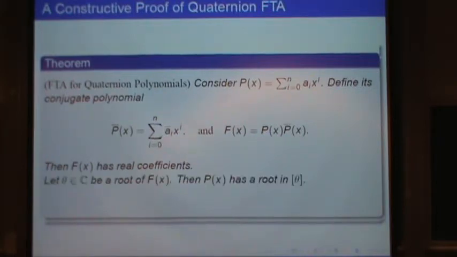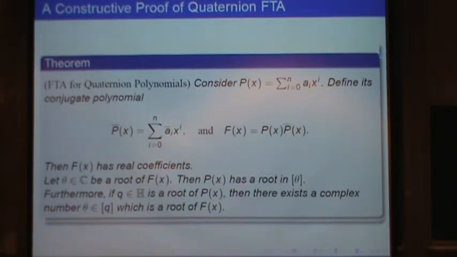That's one simple property. If theta is a complex number that is a root of f of x, then P of x has a root in the conjugacy class of theta. Furthermore, if Q is a quaternion and a root of P of x, then there exists a complex number theta, which is in the conjugacy class of Q, that is a root of f of x.